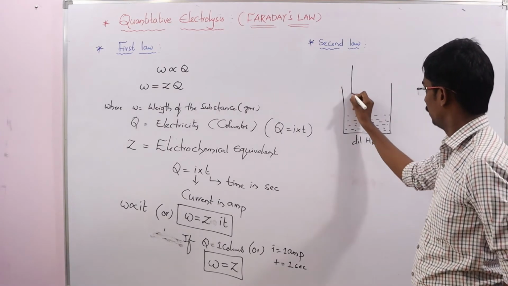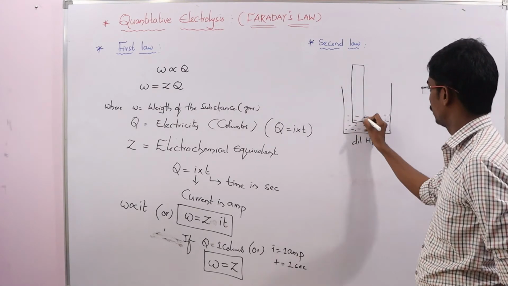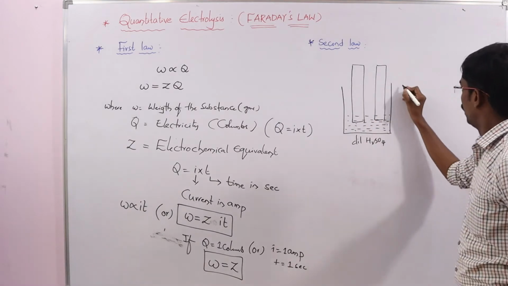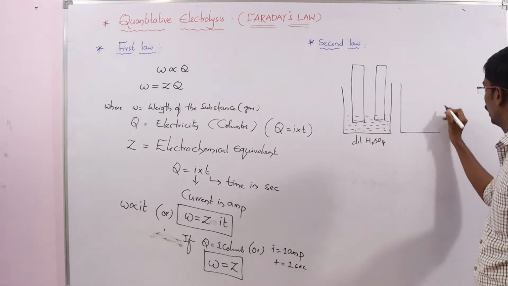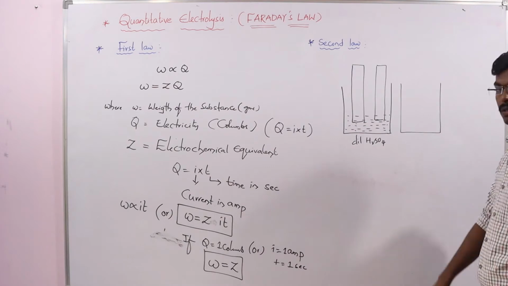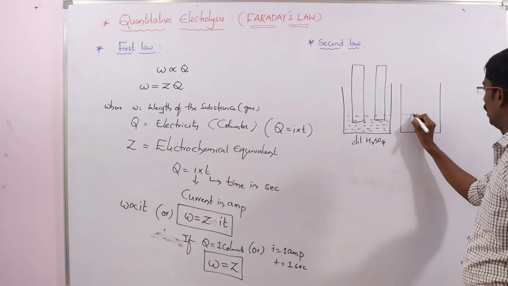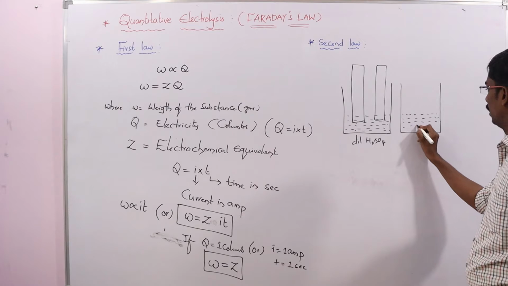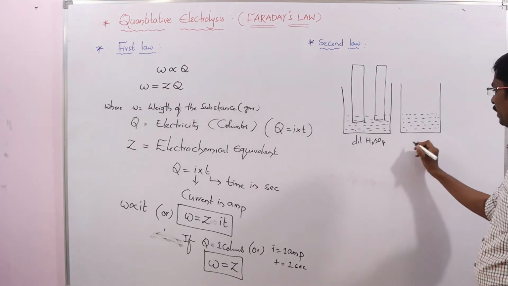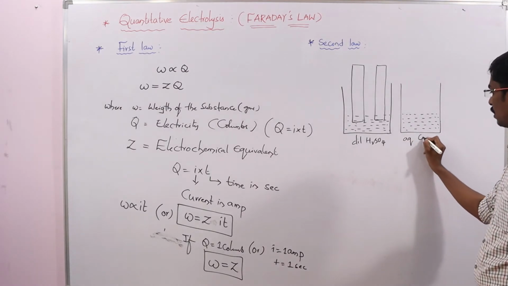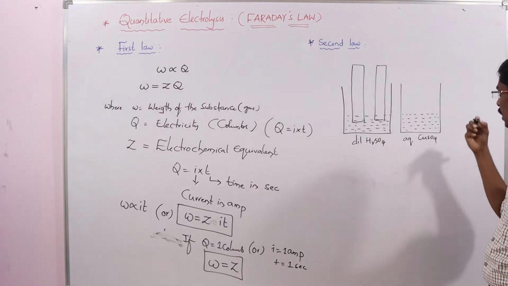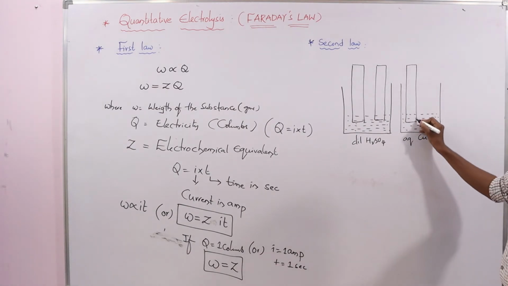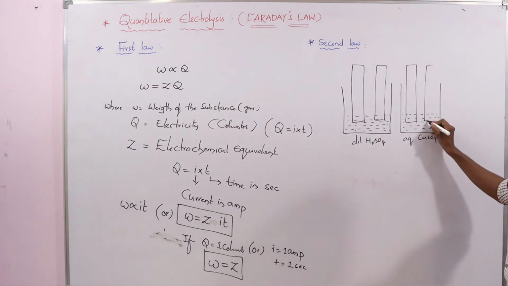In this one we have two electrodes, and I am keeping one more electrolytic cell containing aqueous copper sulfate, a different electrolytic solution. Here also we have two electrodes which act as cathode and anode.